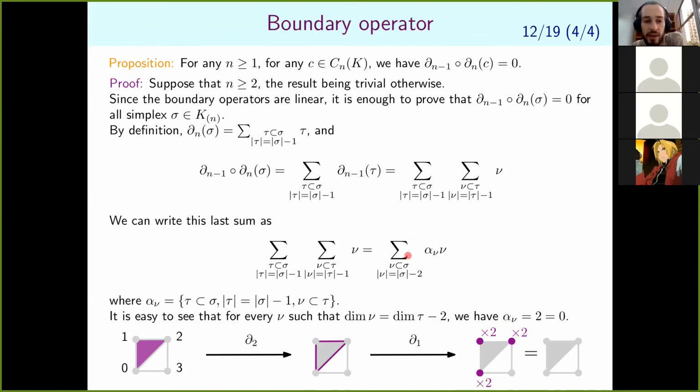And you can show that each face of codimension 2 must appear twice in this sum. So this is why you obtain 0 at the end. Okay, so keep that in mind. This is a very important proposition.